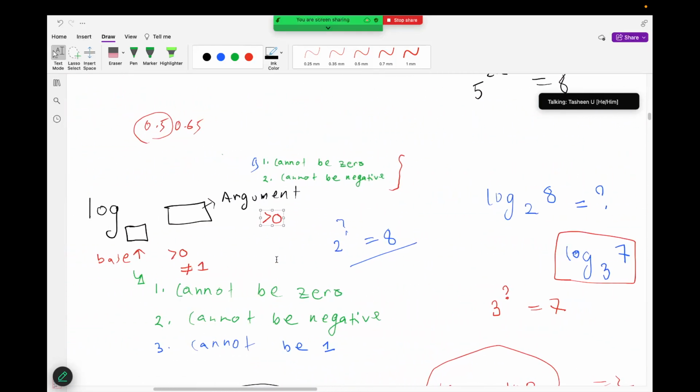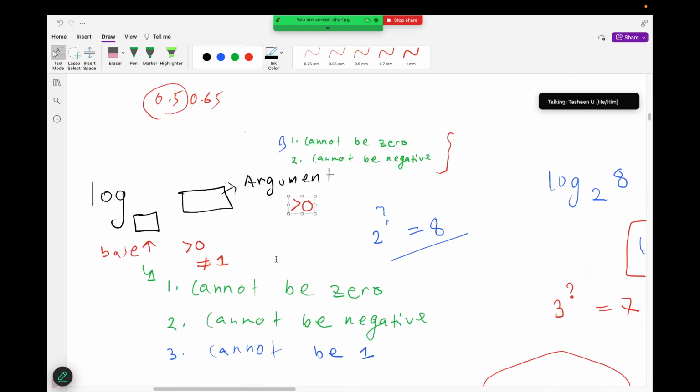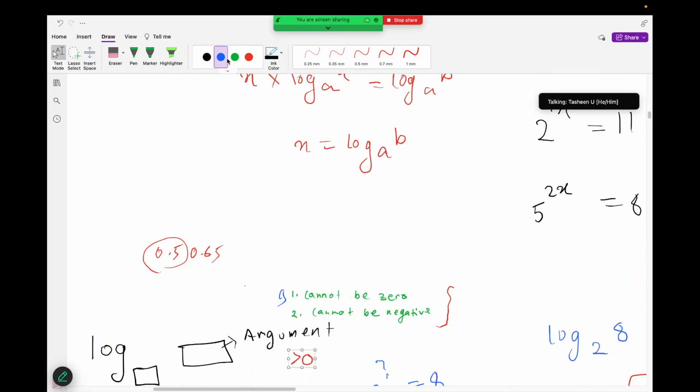These are the rules because logarithm is basically the inverse of power, or exponent. If I have log base 2 of argument 8, it represents: to what power of 2 must I raise to get 8?